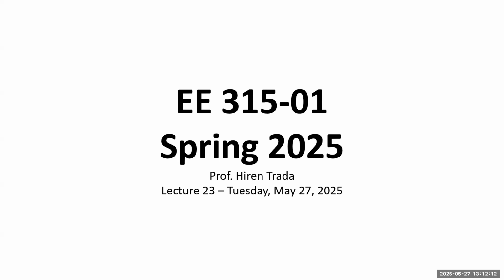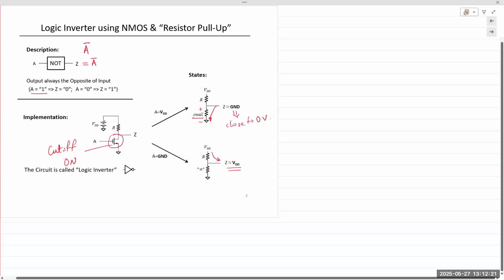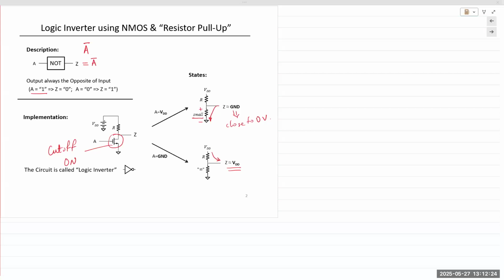Okay, so let's bring up the notebook and we'll do a quick recap of logic gates using MOSFETs. So the first fundamental gate is the logic inverter gate, the NOT gate. We can create it using a single NMOS transistor and a pull-up resistor.